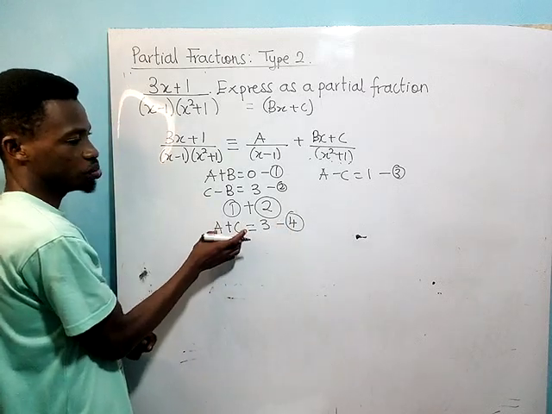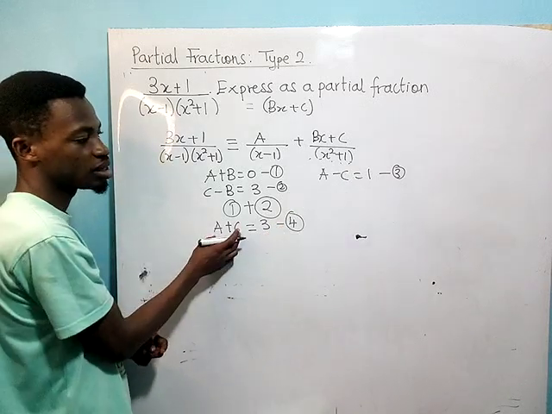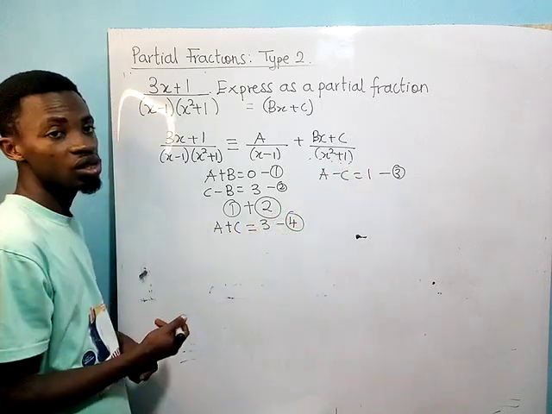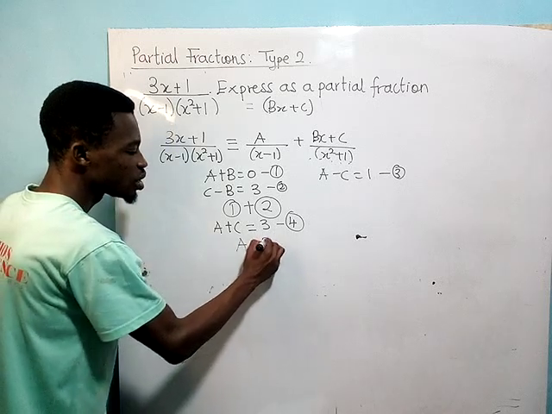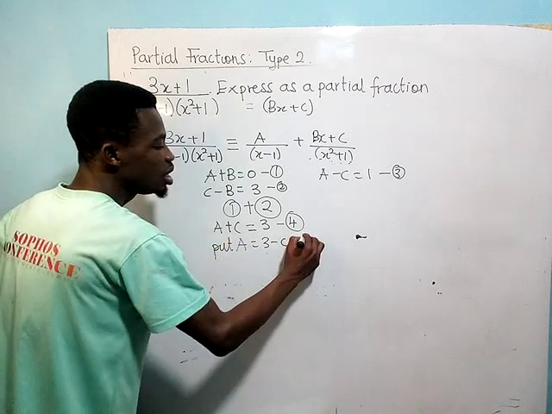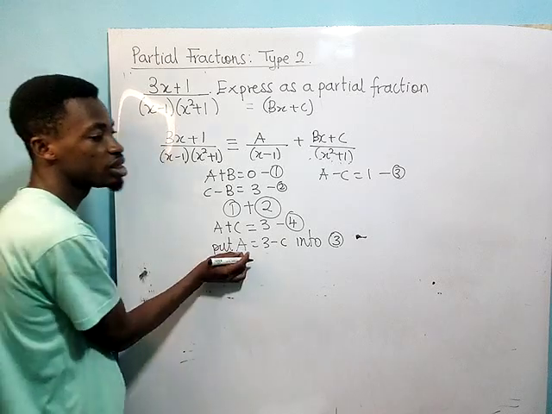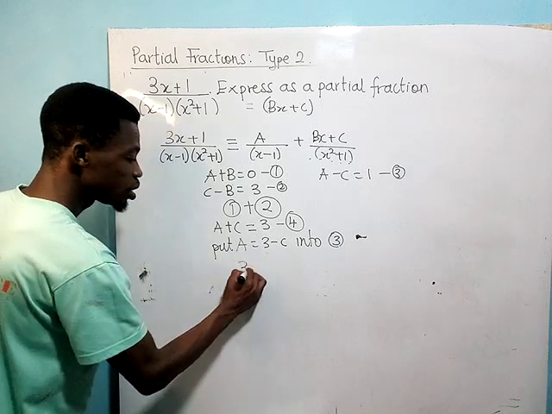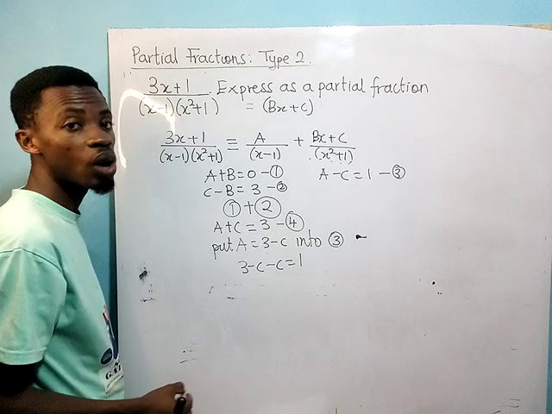We make A the subject and substitute. So we have A = 3 − c. We put A = 3 − c into our third equation. When we see A, we substitute: we have (3 − c) minus c is equal to 1.